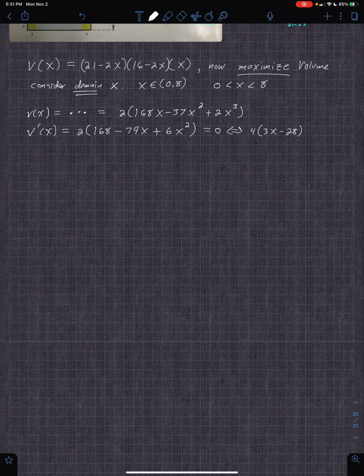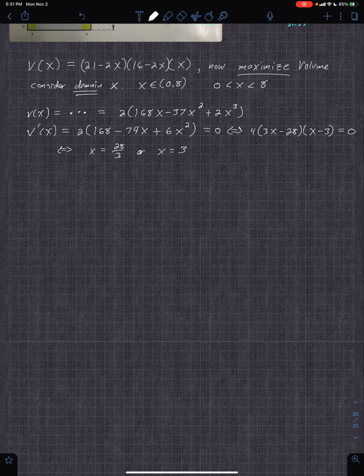So pause and do this factoring on your own. I really don't care how you get it. You could use the quadratic formula. It doesn't really matter, but you should be able to factor pretty quickly on that. So that's equivalent to x equal to 28 thirds, or x is equal to 3.